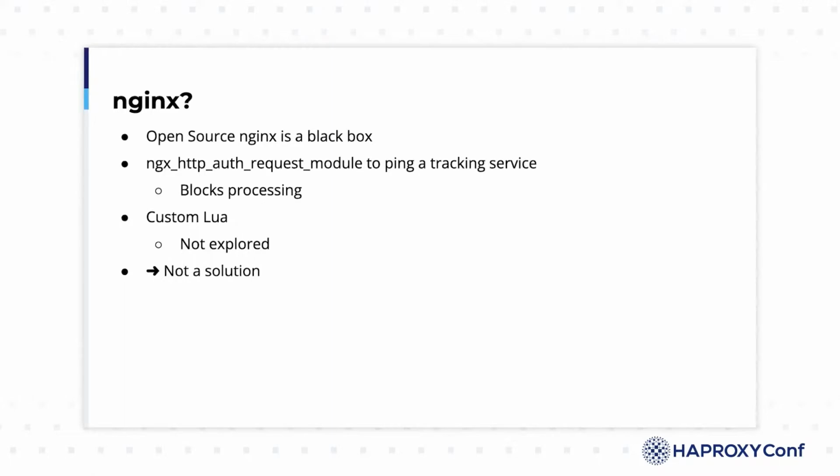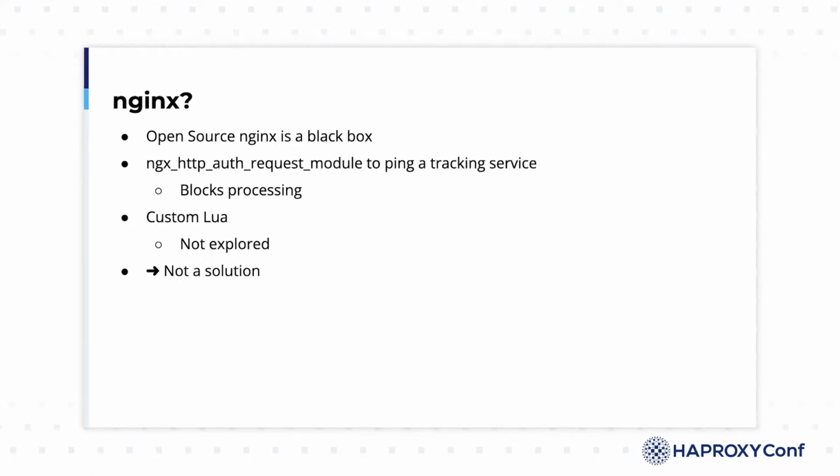The auth request module would allow performing sub-requests, but as the module name implies, they are meant for authorization. As such, the processing of the request will wait until the backend sends a response. Even worse, the access to the customer's community will be denied in case of failure. Clearly, using the auth request module for request tracking is not an option for us.